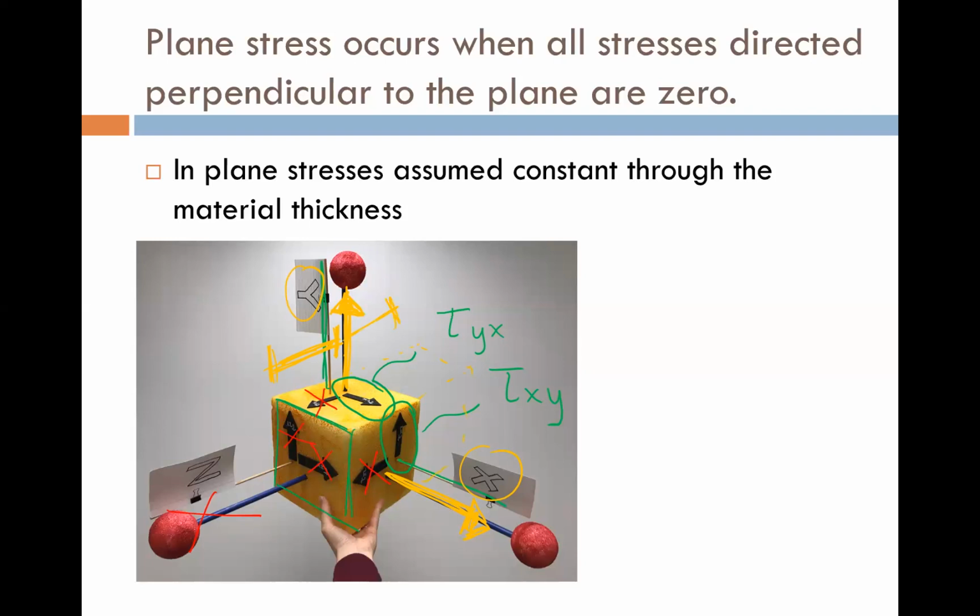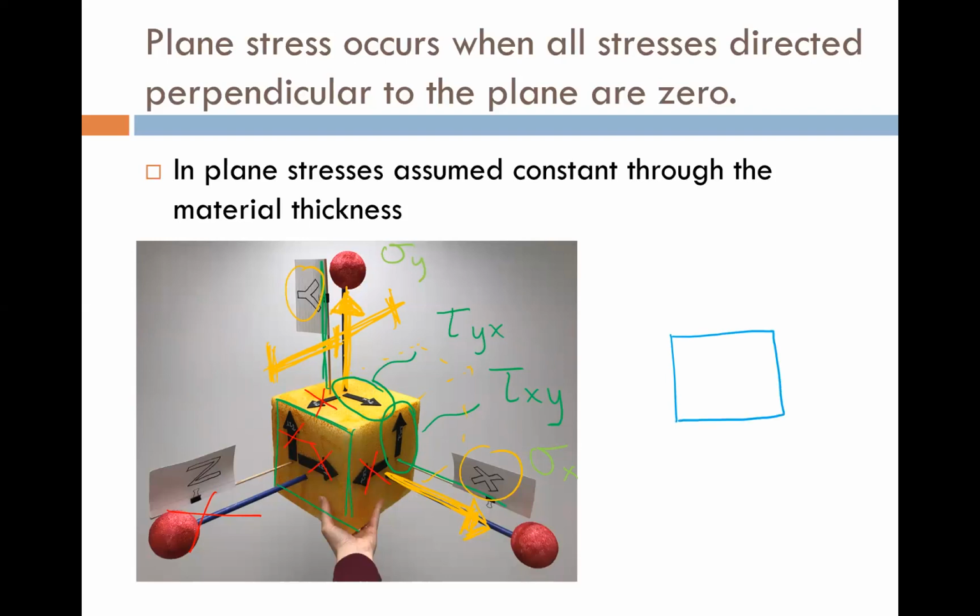We would assume that across this whole thickness they have the same value. So these stresses, tau xy, tau yx, sigma y, and sigma x, are only a function of x and y, not a function of z.